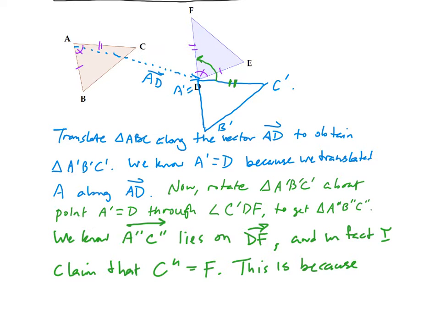This is because the image that I just created, A double prime, C double prime, has the same length as DC prime, because I'm just rotating this in order to get this. And that DC prime is just a translate of AC, and because it's a translate, it has the same length. And we know from the assumptions given in the problem that AC is equal to DF. This is by our assumption.